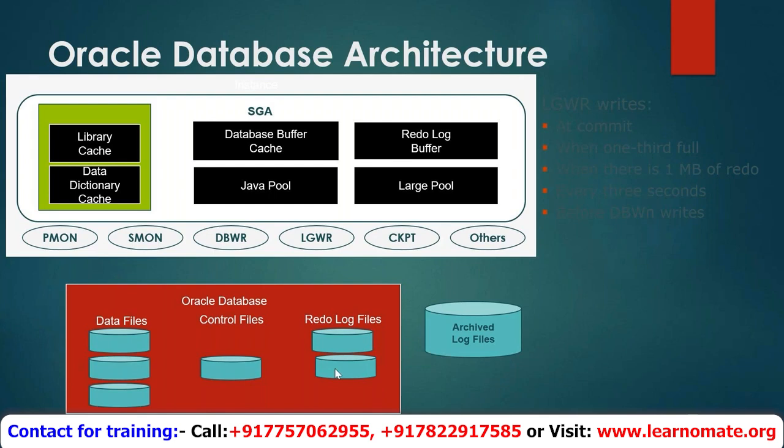Oracle GoldenGate retrieves the changes from these transaction logs of the database. When we talk about SQL Server, DB2, MySQL, these are called transaction logs, where the changes being made to the database are stored.